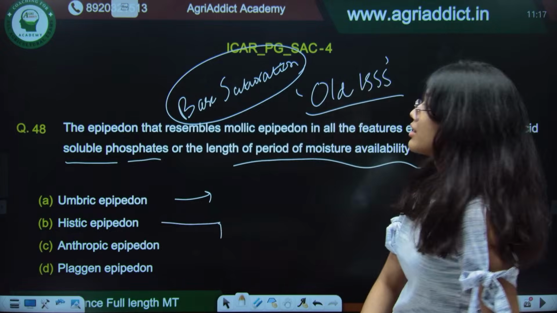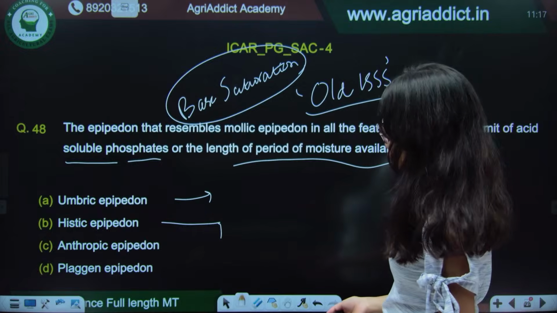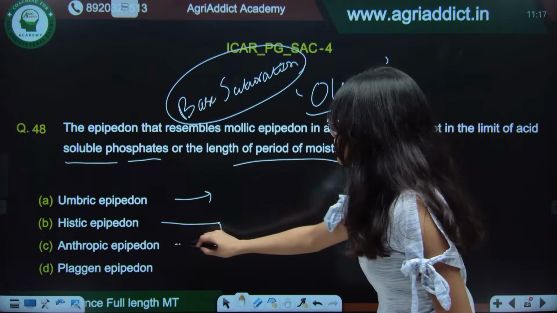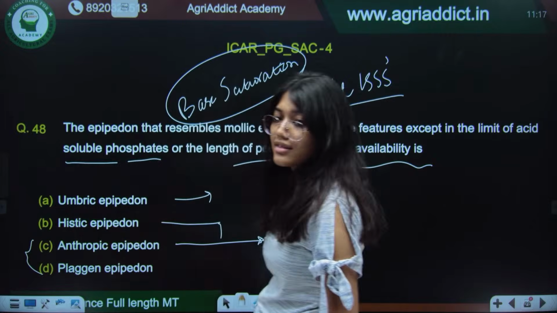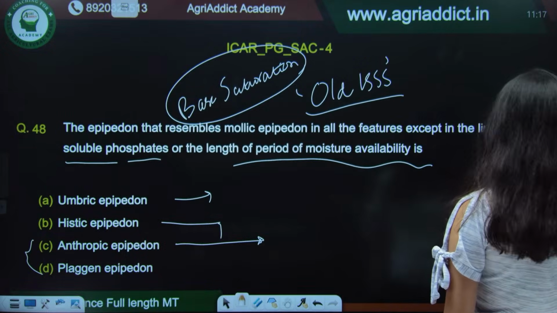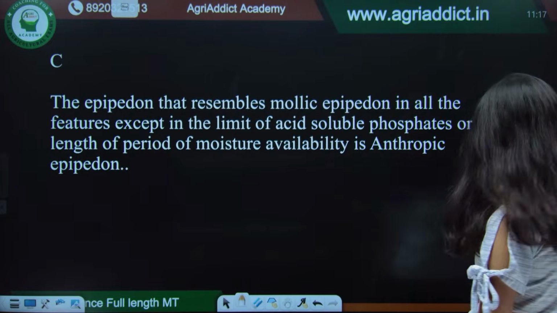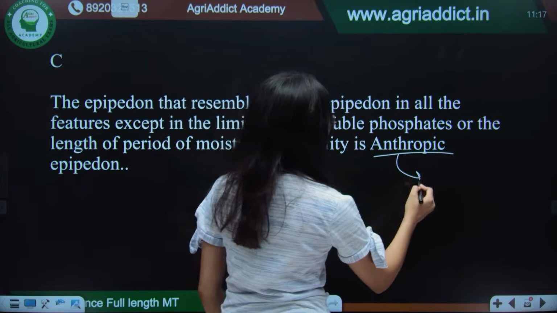Ochric epipedon has lower base saturation than that of mollic. Histic is where moisture will be available for greater than 30 days or greater than 90 days period. Anthropic epipedon and plaggen. You have to think your answer. Yes, in between these two. So, let's see. Okay, so it is option number C, anthropic. Now, why?